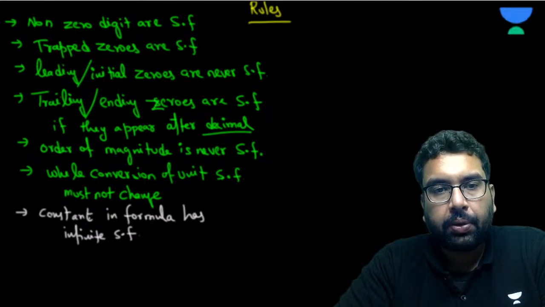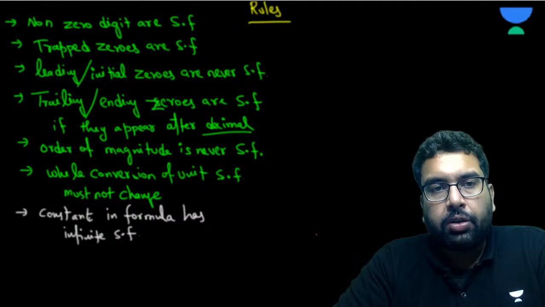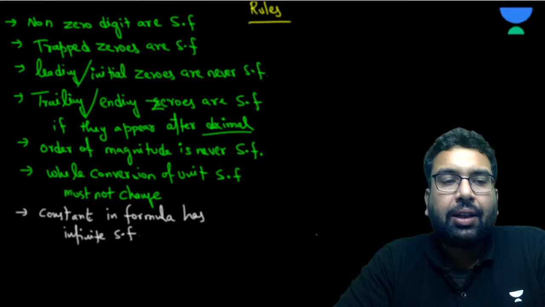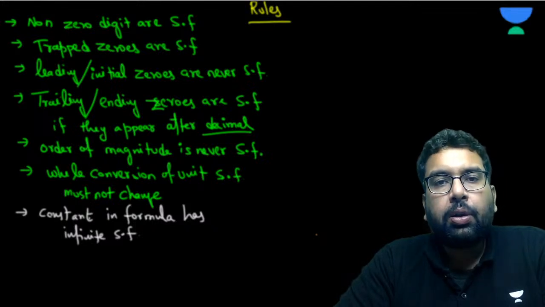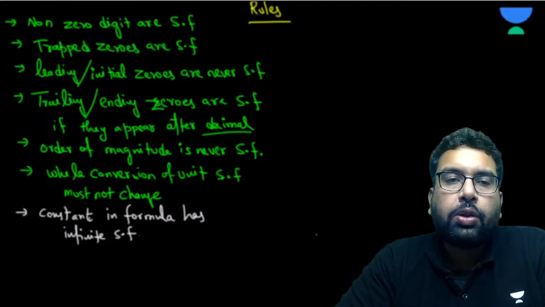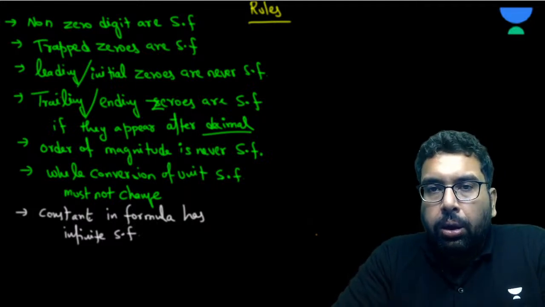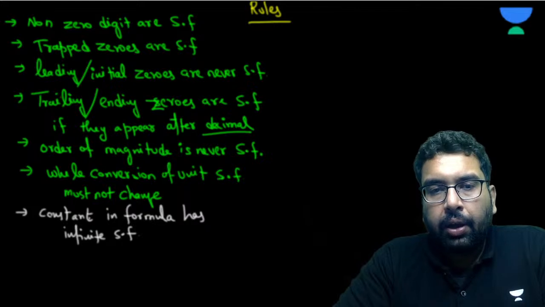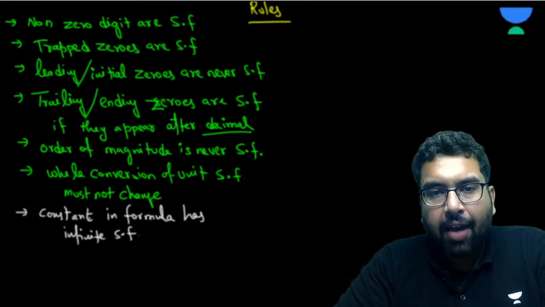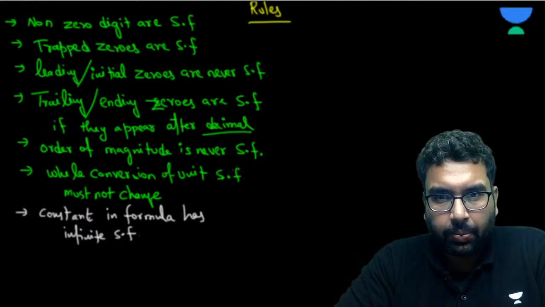Non-zero digits are significant figures. In any number, all the non-zero digits are significant figures, right? Now, trapped zeros are significant figures. Just have a read and I'll explain it to you.